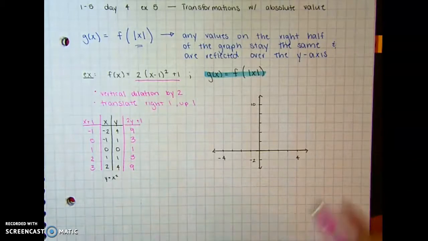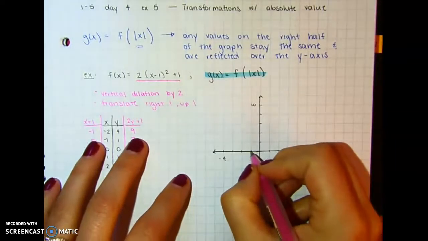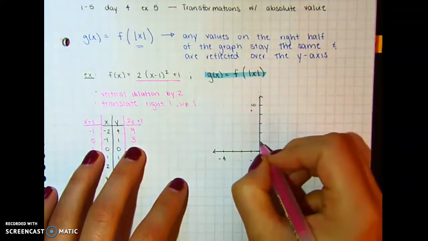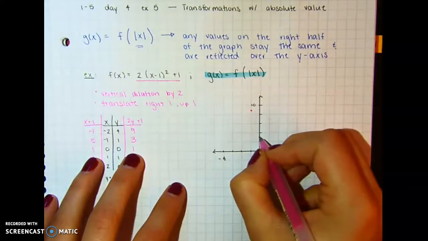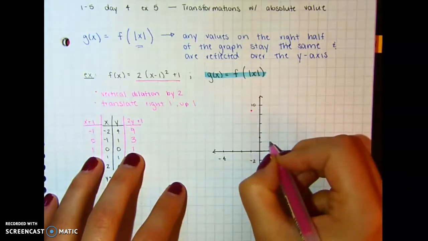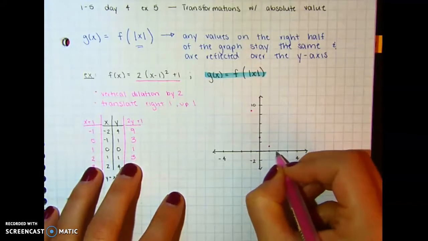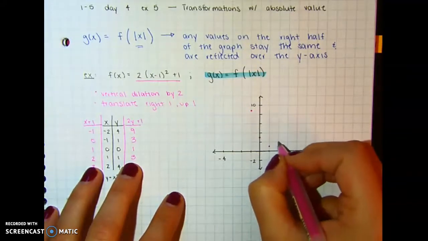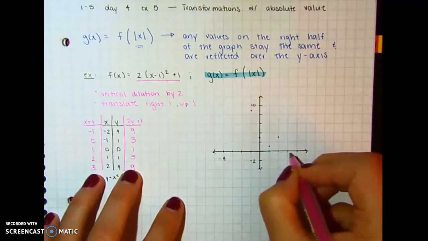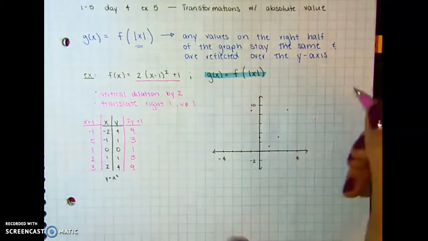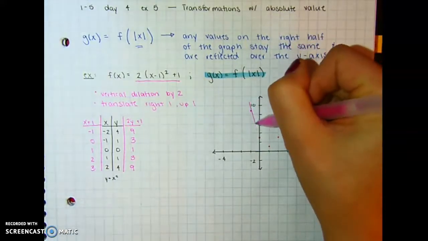So my original function is at negative 1, 9, 0, 3, 1, 1, 2, 3, careful of your scale, and then 3, 9. And this is a parabola.